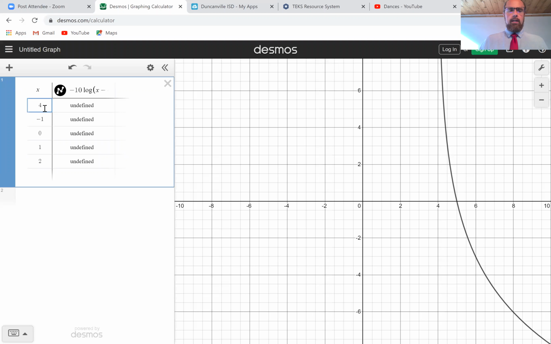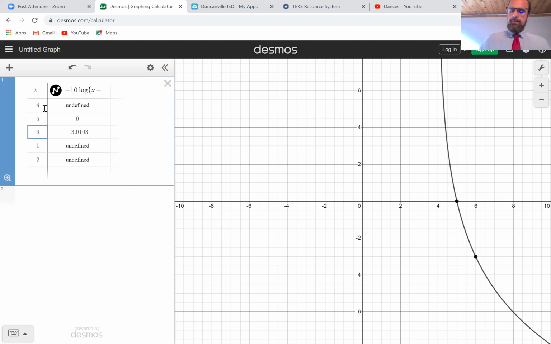That's my vertical asymptote. 5, 6, 7, and 8. So our entire graph is shifted over to the right, but that's okay. It'll let us get this table now. We'll adjust our domain to be 4 through 8 and record these values.